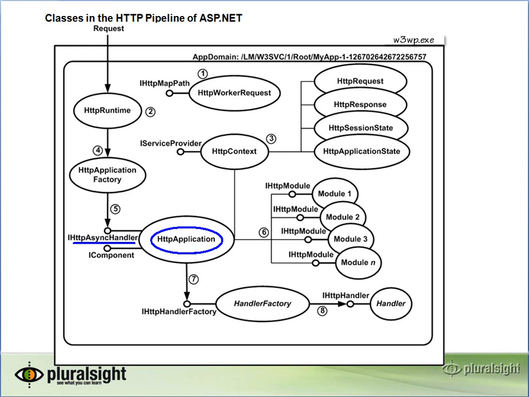And the application class is going to continue execution on that thread and locate the appropriate handler factory associated with the endpoint request coming in. So it's going to look at the extension like ASPX or ASHX and say, okay, I need to go find the factory that's capable of processing that type of request.